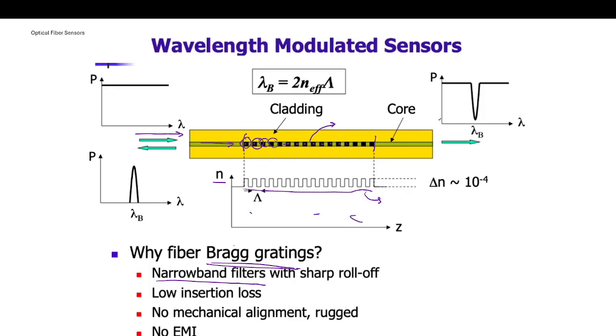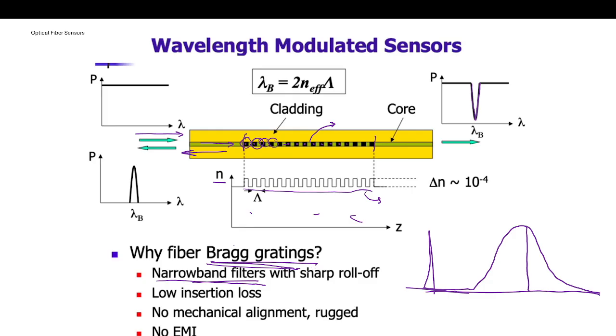Suppose you are sending some signal, like this band, or a very sharp laser, but anyhow it will have some bandwidth, and suppose you are propagating and one of the wavelengths is missing from that, so it will act as a narrowband filter. That lambda will be missed and that will be propagated back because of this Bragg grating effect.